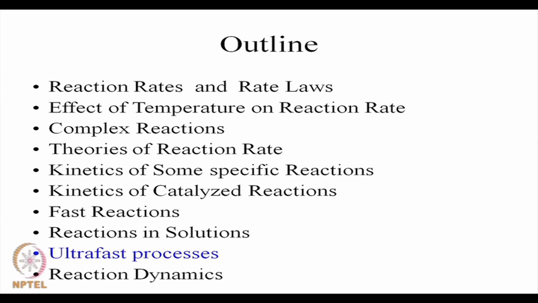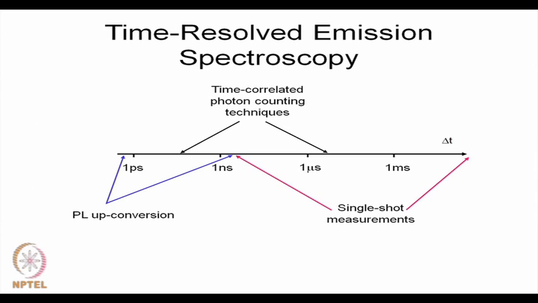and under the heading of time resolved emission spectroscopy, we talked about a technique called the time correlated single photon counting technique, which is based on counting of photons. Okay. And immediately after the excitation pulse enters the fluorescent sample, that starts some process.